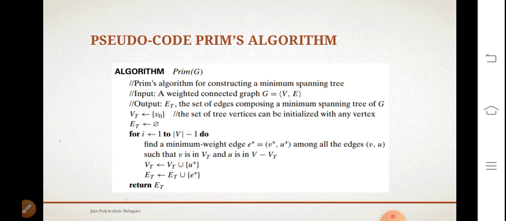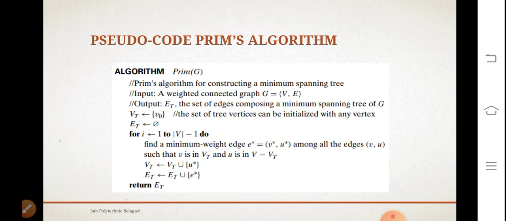By the nearest vertex, we mean a vertex not in the tree connected to a vertex in the tree by an edge of the smallest weight. Ties can be broken arbitrarily.